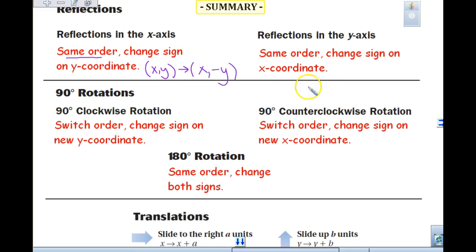Reflection over the y-axis, this is our y-axis, and this was our x. So when we reflect over the x or the y-axis, (x, y) changes, same order, (-x, y).